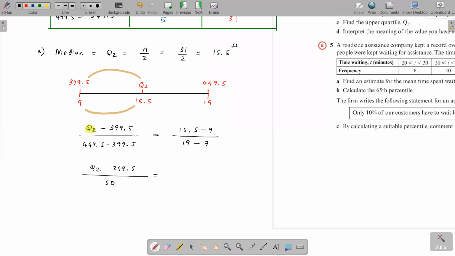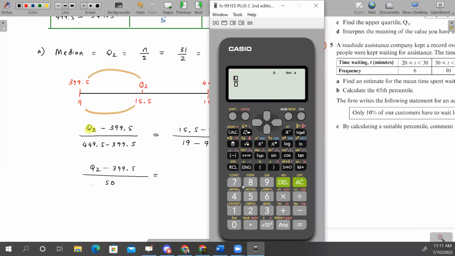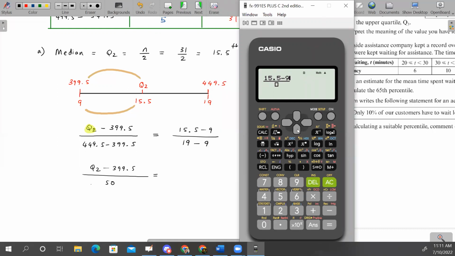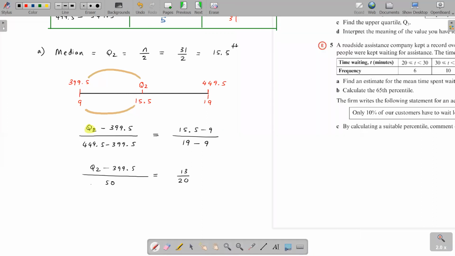Equal on the other side, let's type this whole gap, 15.5 minus 9 over 19 minus 9. So this is 13 over 20. Do you see? I have shown you in the calculator. So this gives me 13 over 20 in the calculator.